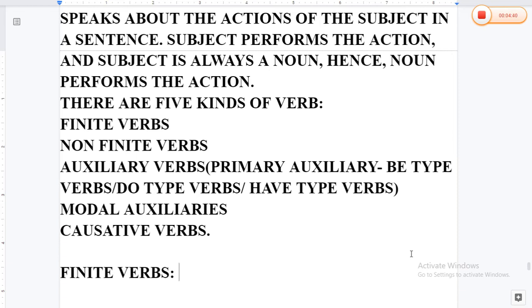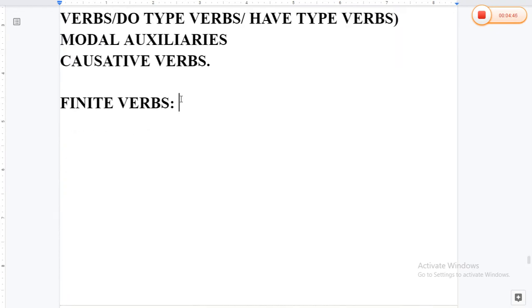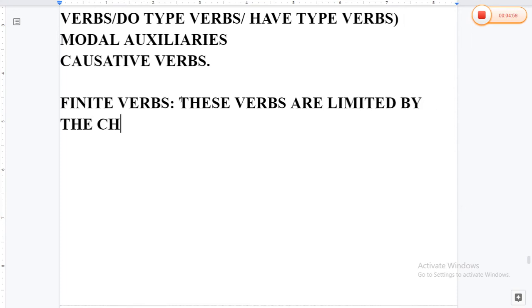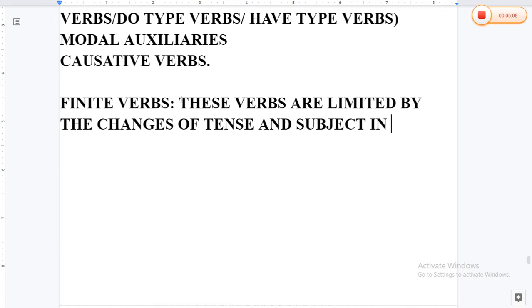Finite verbs, as the word suggests, finite means limited. These verbs are limited by the changes of tense and subject in a sentence.